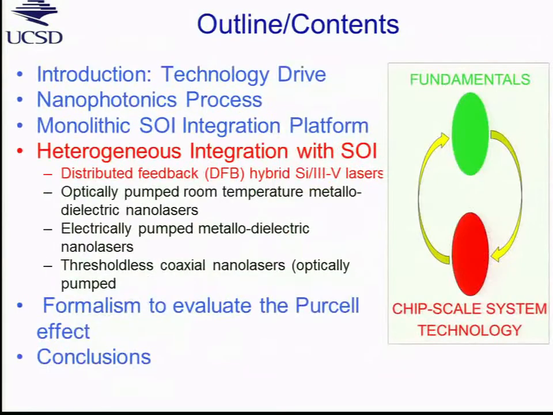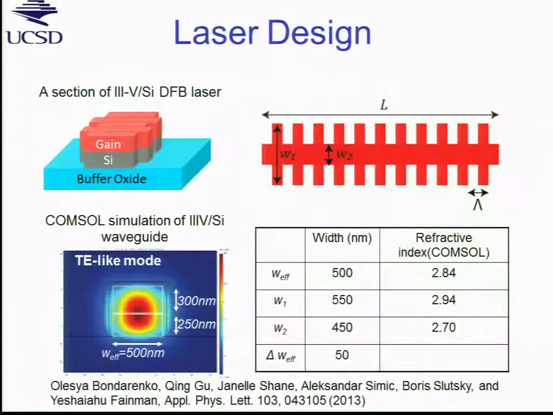conferences. So now I'd like to shift to the heterogeneous integration with SOI, and I'll start from a large laser, a DFB laser on silicon. So the idea is the following. We basically take gain media, we bond it to silicon, and then we define the structure.